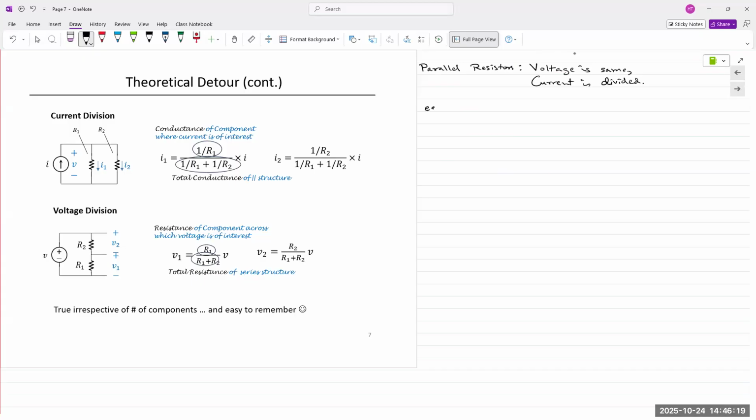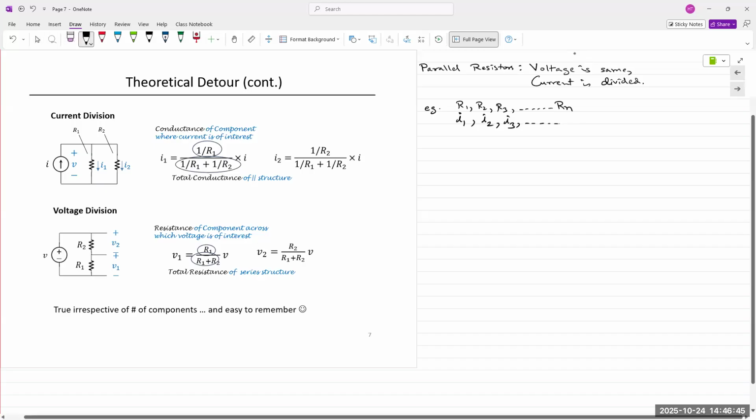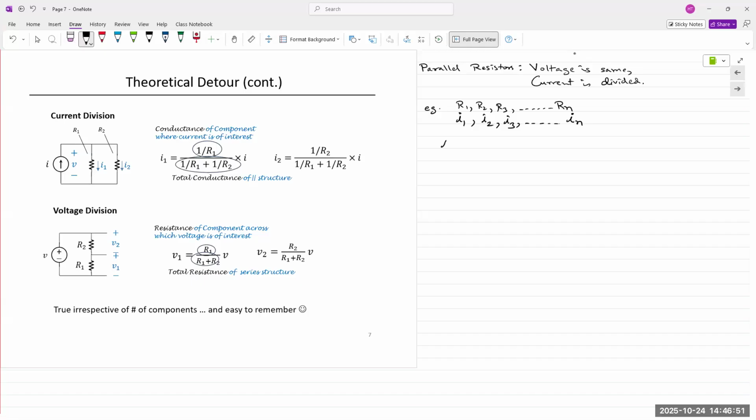And because current is divided, we can develop and apply an expression that is known as the current division principle. So for example, we have a random collection of resistors all in parallel, like n resistors in parallel, and we want to find the current that is flowing in each one of those resistors. We can apply the current division principle, and we can calculate the current by simply using conductances of these resistances.